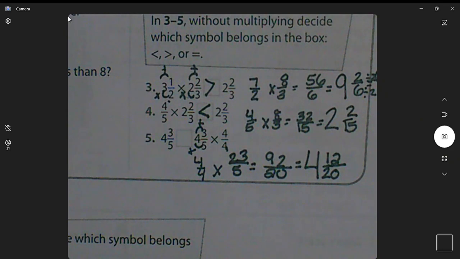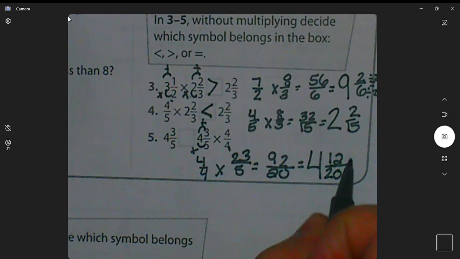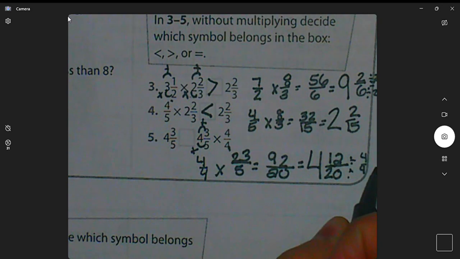So I'm going to cut that step out, and I'm going to reduce it by 4. 12 divided by 4 is 3. 20 divided by 4 is 5.